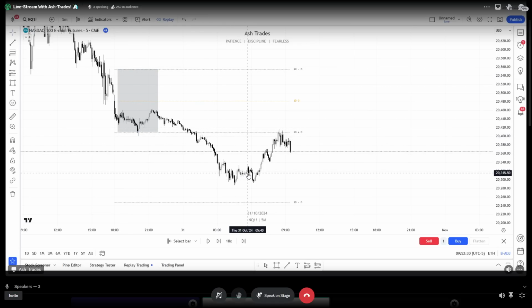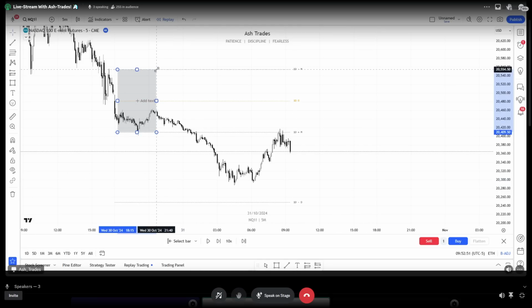When we deviated from the range, I do not see any change in the state of delivery. So if you go back to Tuesday's example, when I said acceptance above or below a range, sounds like distribution's about to happen. So we have accepted below the range.